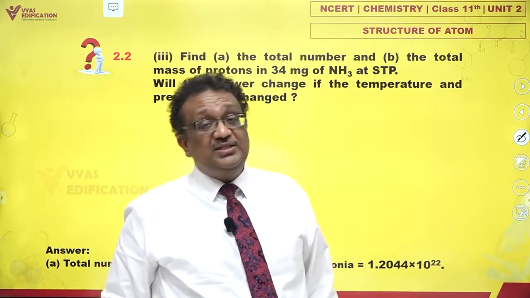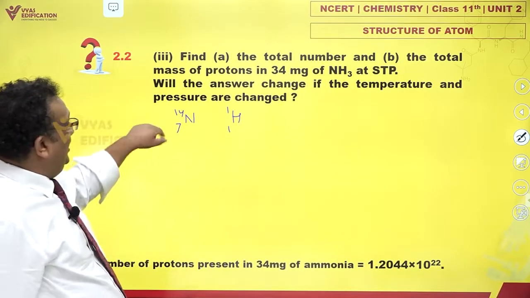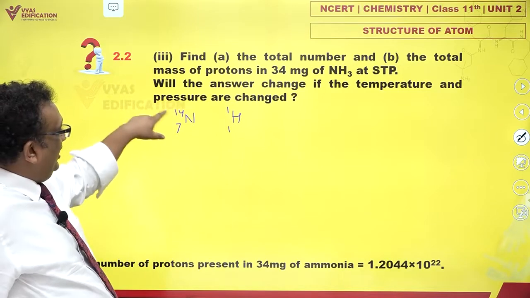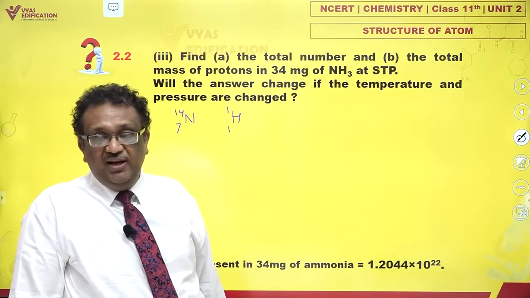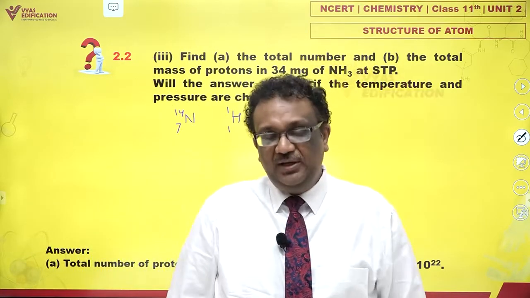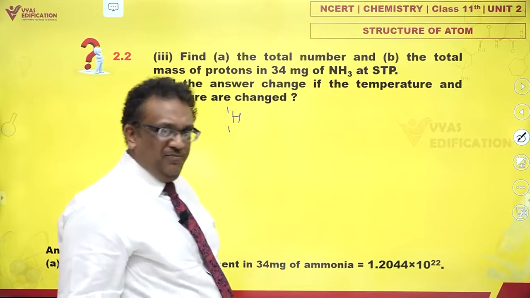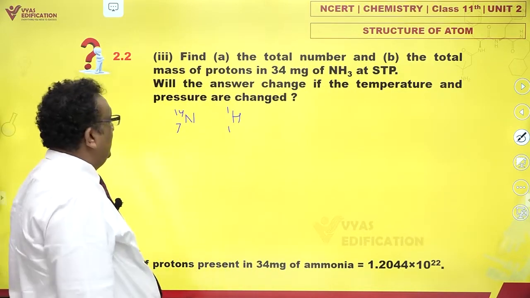Mass of hydrogen is the same as the mass of a proton. Electrons have negligible mass. If nitrogen has a mass of 14, then out of that protons have a mass of 7 AMU, and the remaining 7 AMU goes for the mass of neutrons, approximately. Very closely, it is reasonably accurate, but a little approximate.